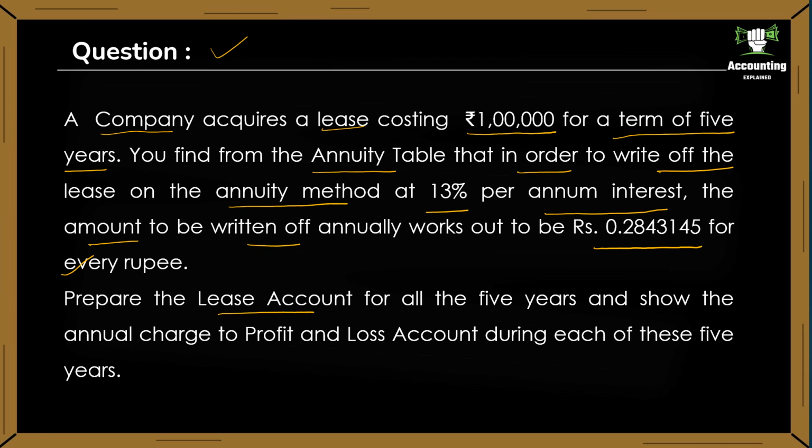Prepare the lease account for all the 5 years and show the annual charge to P&L account, that is profit and loss account, during each of these 5 years. As I have already told you, we don't open depreciation account of an asset. We open only lease account when there is annuity method of depreciation.